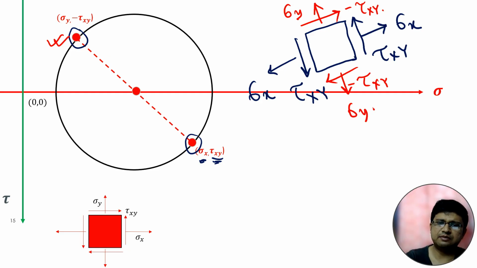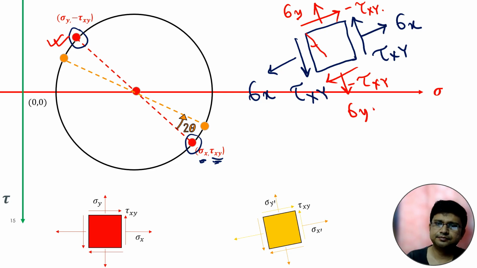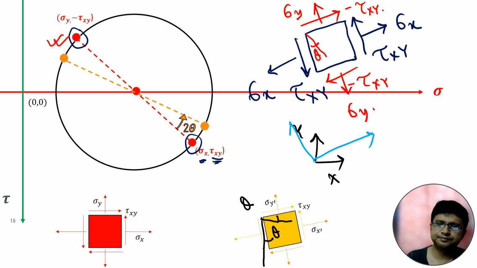Now, what I have already said is that if we consider a coordinate system which is rotated by an angle of theta, suppose this is the first coordinate system xy, and these 2 points are rotated by an angle of theta, then these 2 points in the Mohr circle will rotate by 2 theta.